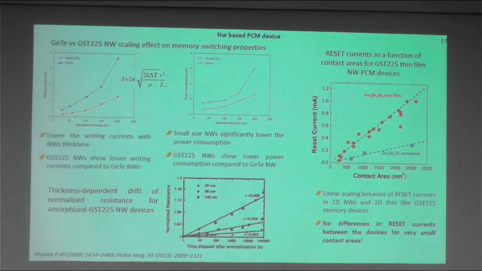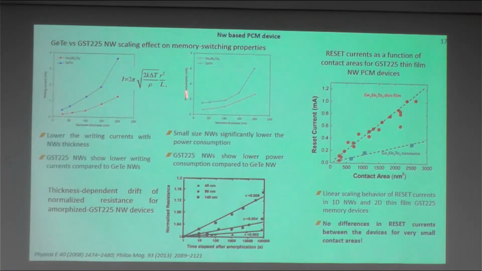as supposed from the first lecture, if we reduce the size of our phase change materials, we can reduce the writing current. So for GeTe and GST, we can see it nicely. It reduces to less than 0.5 mA.